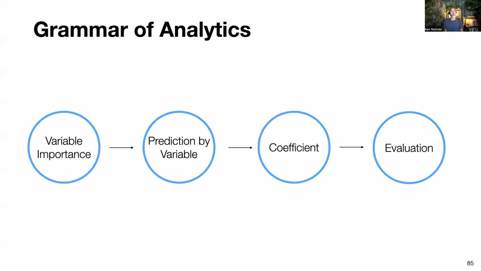Okay, that's pretty much it for today. So let me summarize what we have done today. Grammar of analytics is basically these four steps: variable importance, prediction by variable, coefficient only for the statistical models, and then evaluation. As long as you know this, you can master using all the prediction models in Exploratory.